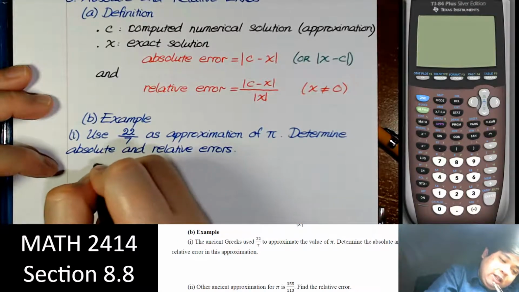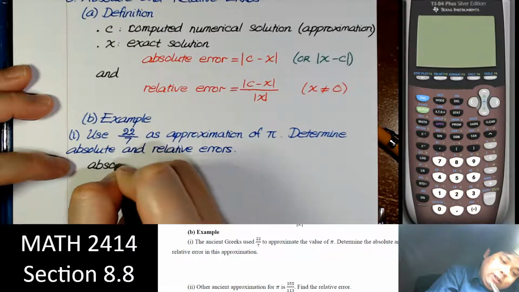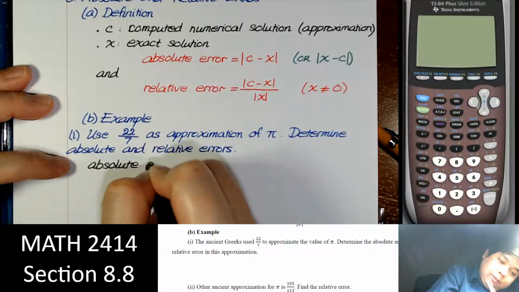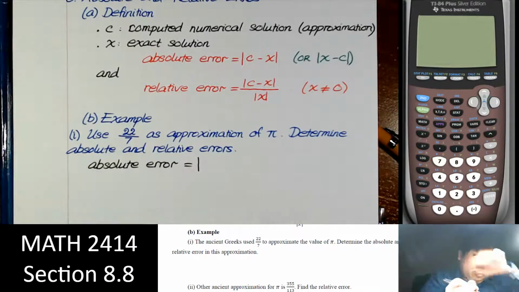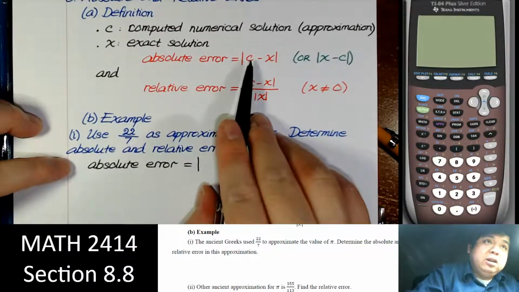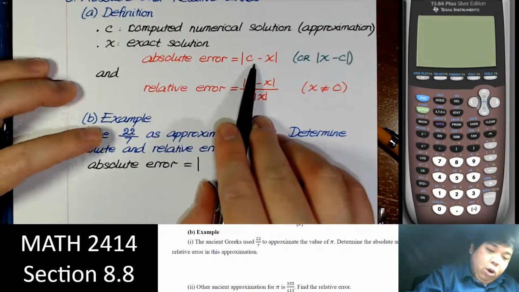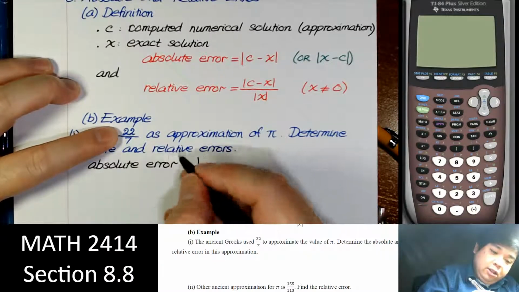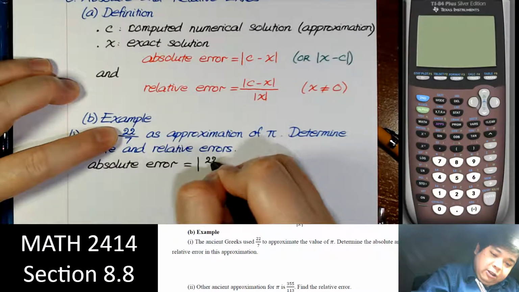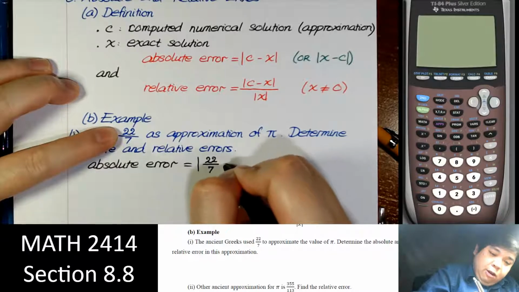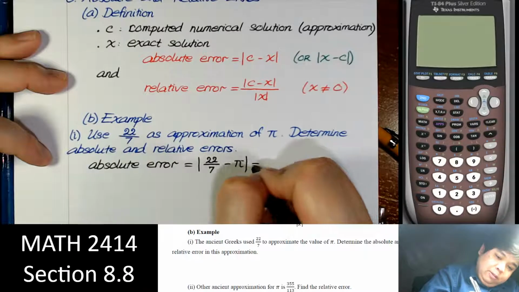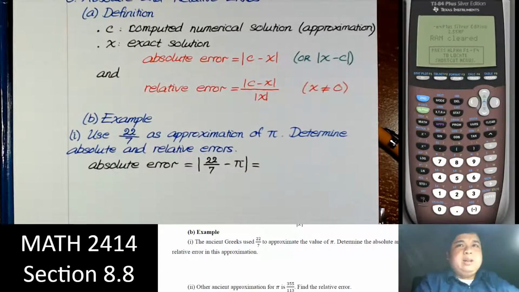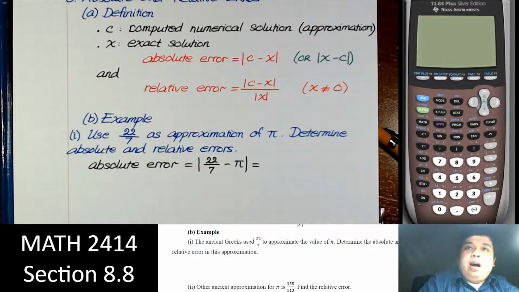Right. So first, the absolute error. Just the absolute value. We have the computed value, the approximation, which is 22/7, minus the actual value of pi. So we just use the calculator here. What is 22 divided by 7?